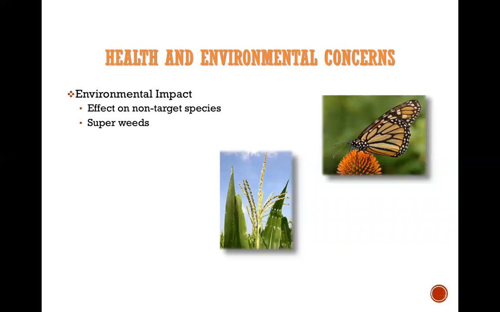Now, the concern originally was impacts to non-target species, the monarch butterfly being one of them. And originally, the research found that there were crops of corn and soy grown close to native plantings of milkweed that is consumed by monarchs.